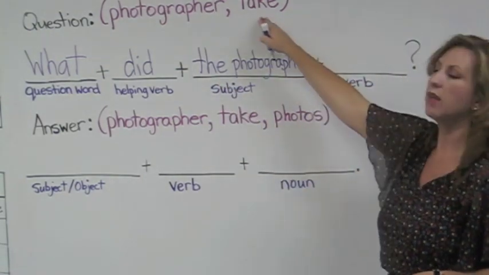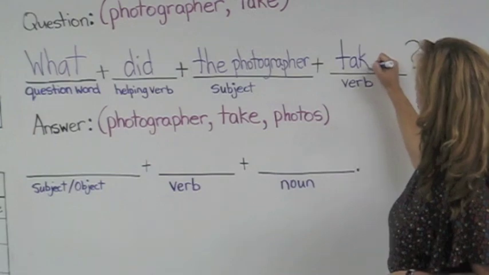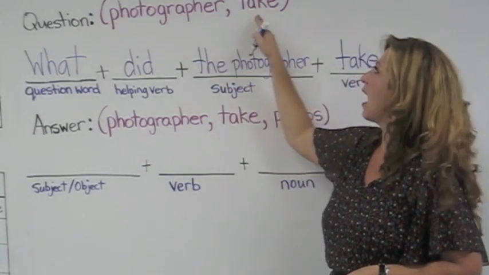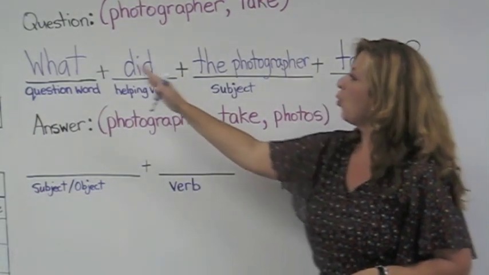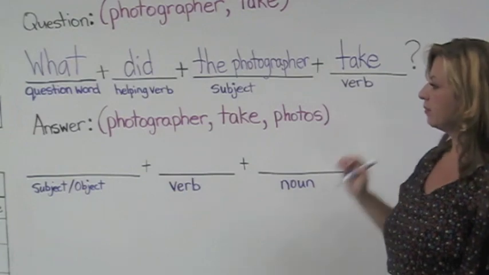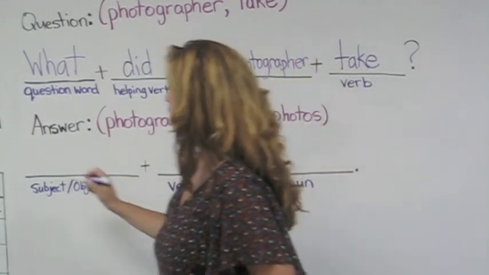Photographer take? Again, when you are writing in the past tense, the verb stays in the present. What did the photographer take? Now to answer. The subject is the photographer.